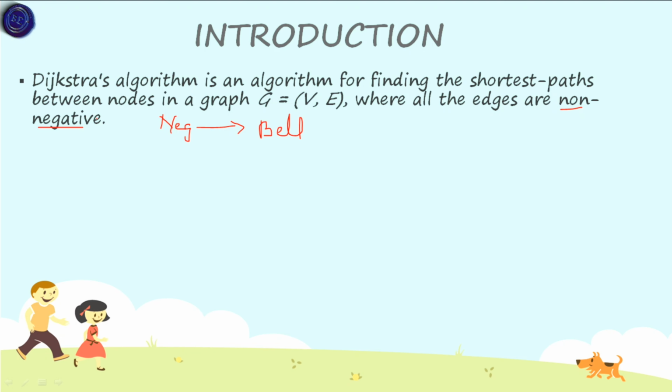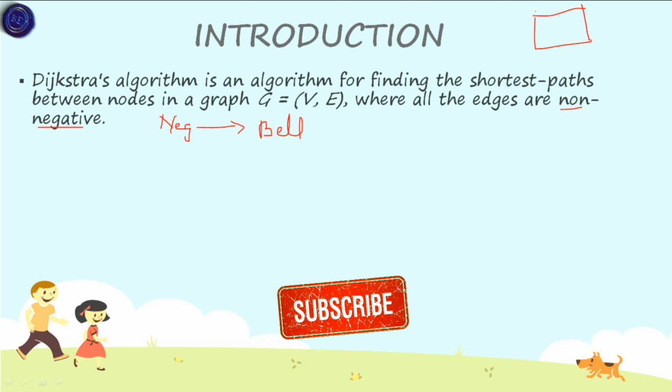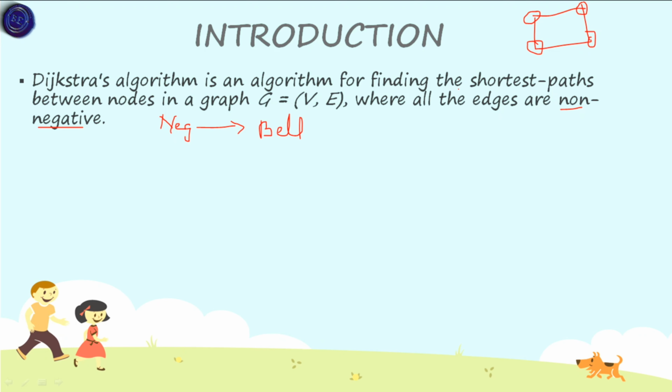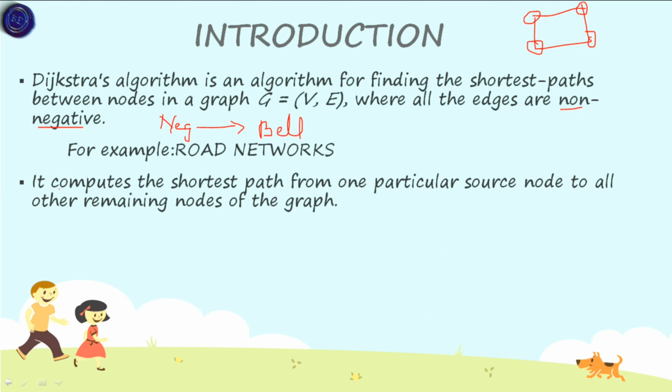Now let us discuss the Dijkstra algorithm. It usually finds the shortest paths between the nodes in a graph. So if we have a graph like this, it will find the shortest path from one vertex to the remaining vertices. It computes the shortest path from one particular source node to all other remaining nodes of a graph.